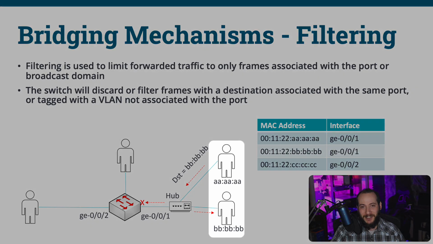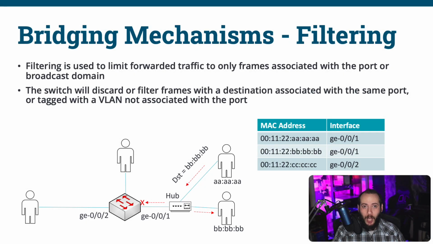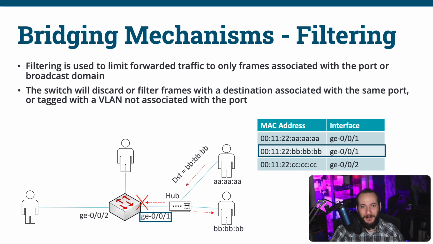If multiple devices are connected via a hub, and a frame is sent from and destined to one of the devices connected by that hub, the switch will also see this frame, because it too is connected to the hub. Since the destination MAC address is known by the switch to live on the same port the frame was received on, the frame will be filtered and dropped.